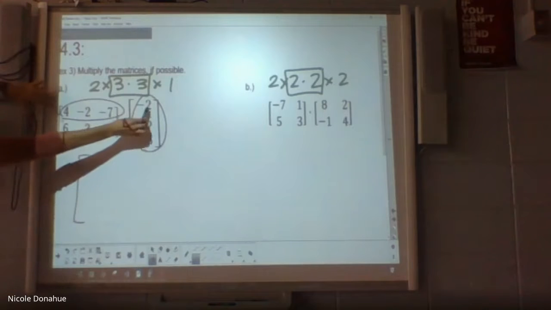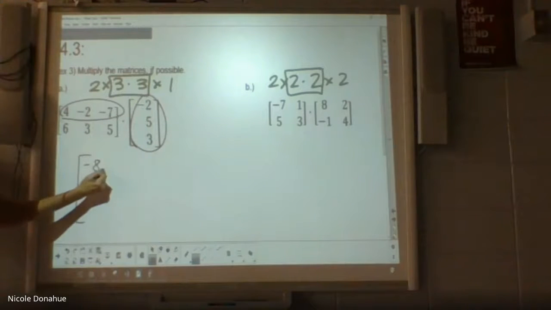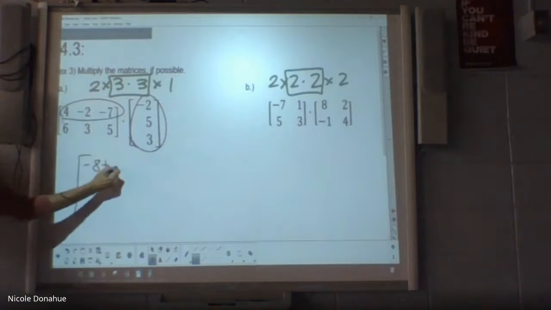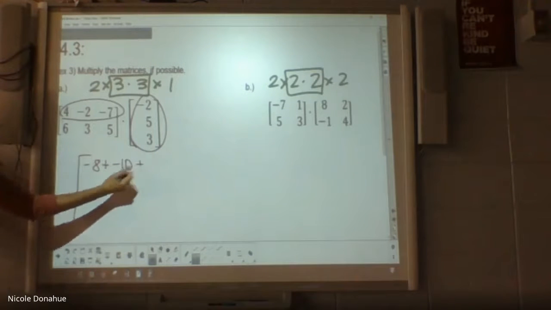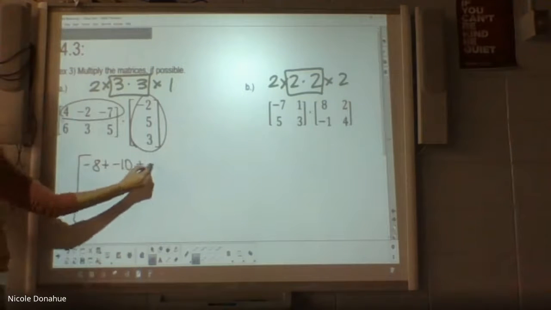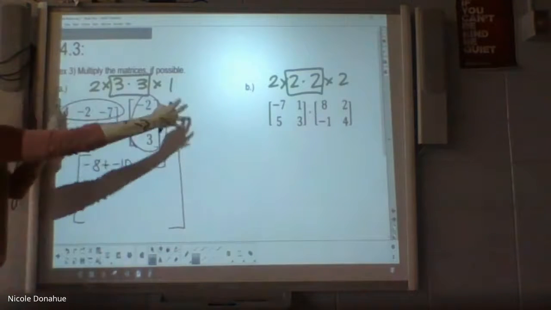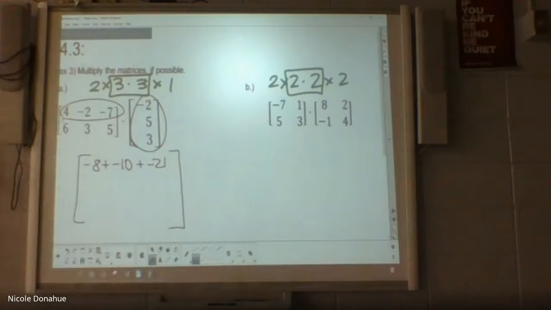So 4 times -2 is -8, plus the next 2, which is -2 times 5, which is -10, plus the last 2. And that's as wide as I go because there's nowhere else to multiply.